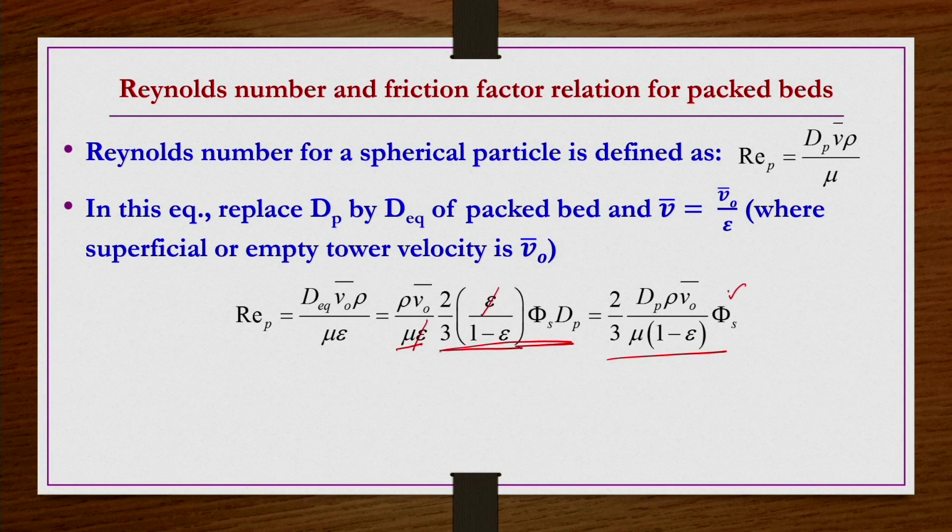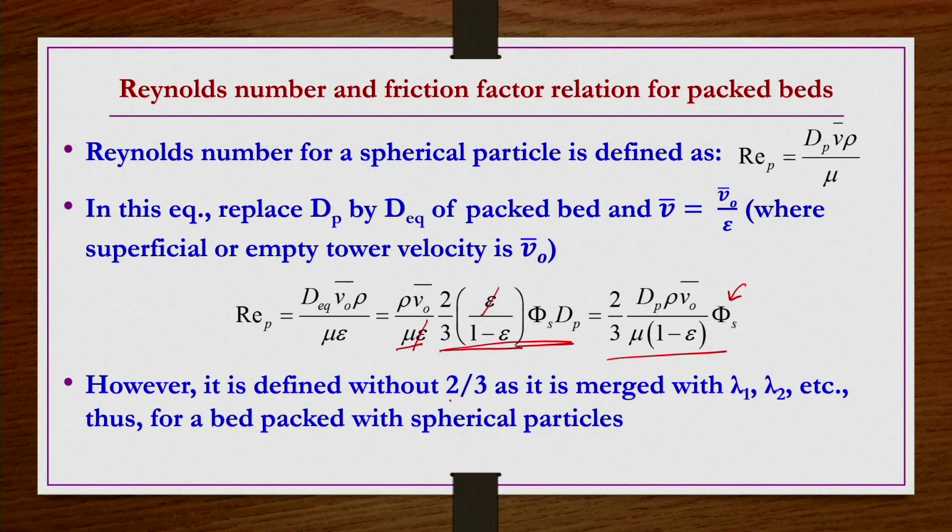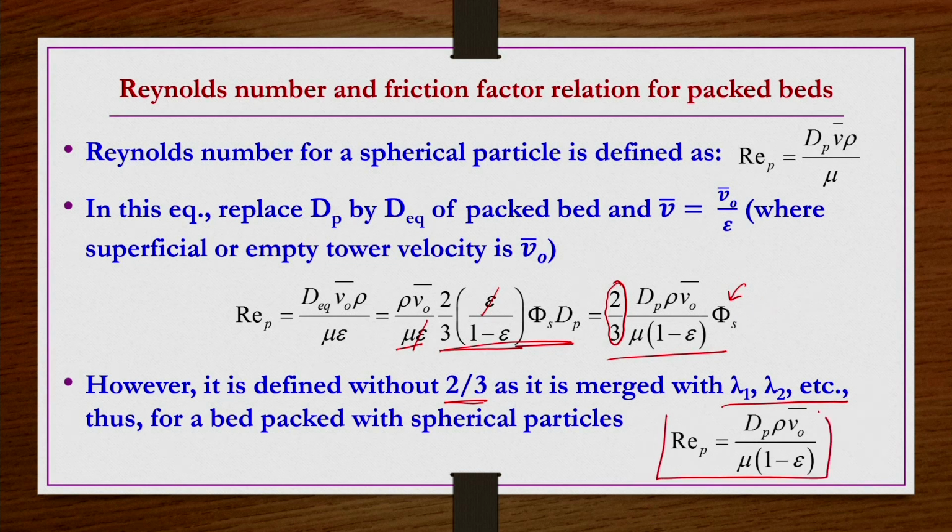So, for a spherical particle especially, phi s is equal to 1, right. Then this 2 by 3 we in general do not include, because it is in general merged with lambda 1, lambda 2 etc., those kinds of constants, right. So, without taking this 2 by 3 constant, and assuming that the particles are spherical, the Reynolds number is this: dP rho V naught bar by mu times 1 minus epsilon is the Reynolds number for a packed bed packed with spherical particles.